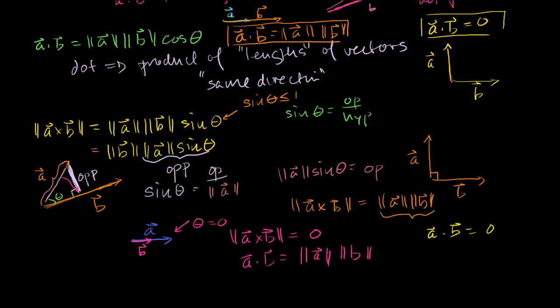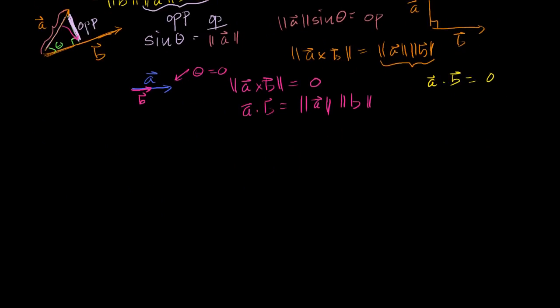And actually, before I move on, let me give another idea about what the cross product can be interpreted as, because a cross product tends to give people more trouble. So if that's my A and that's my B, what if I wanted to figure out the area of this parallelogram? So if I were to shift A and have that there, and if I were to shift B or draw a line parallel to B, and if I wanted to figure out the area of this parallelogram right there, how would I do it just using regular geometry?